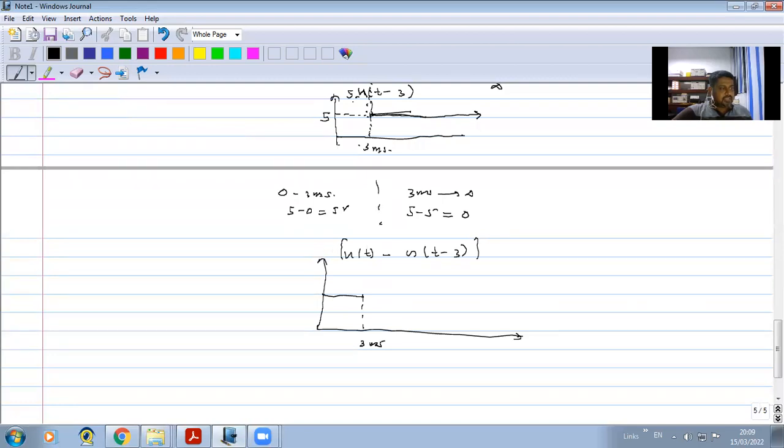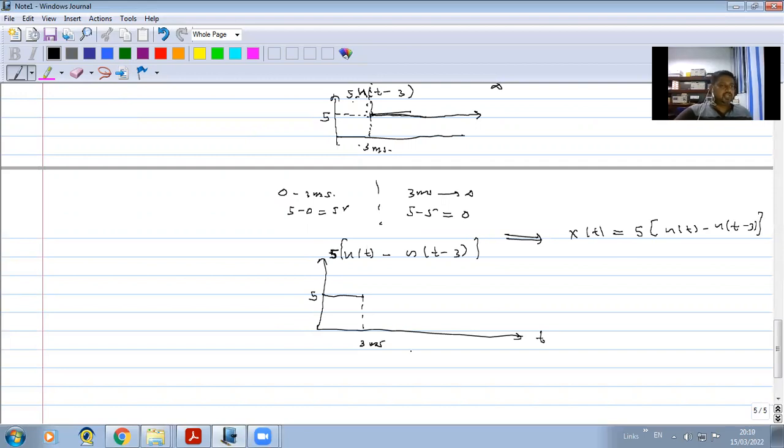If you multiply this by 5, that means if we weight it with 5, you will get 5. So you can see that we can express that x(t) in terms of 2 unit step functions, u(t) minus u(t-3).